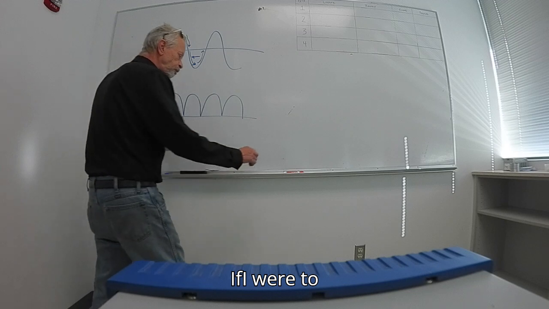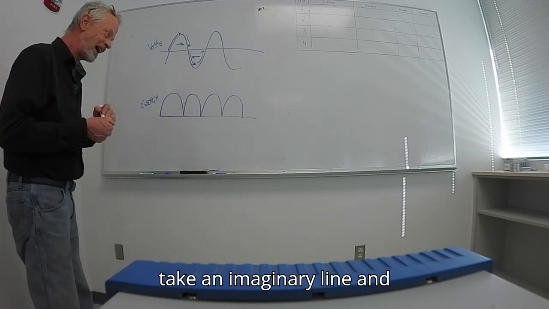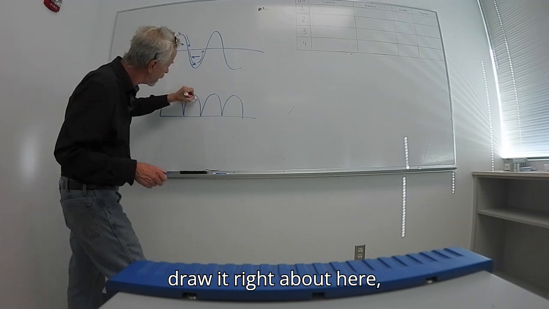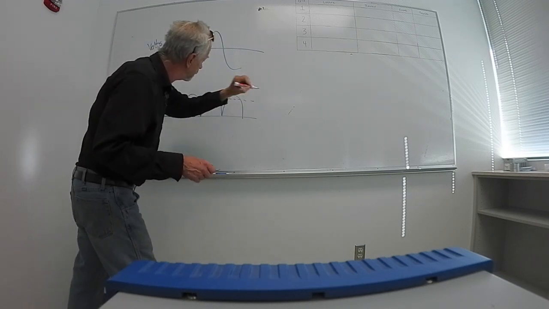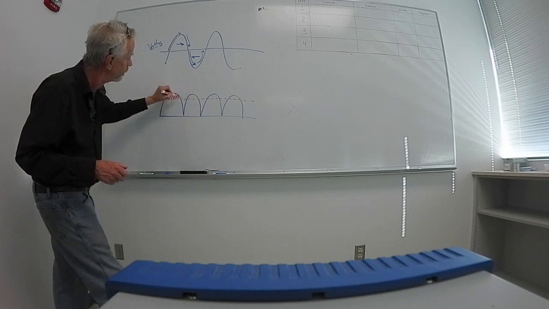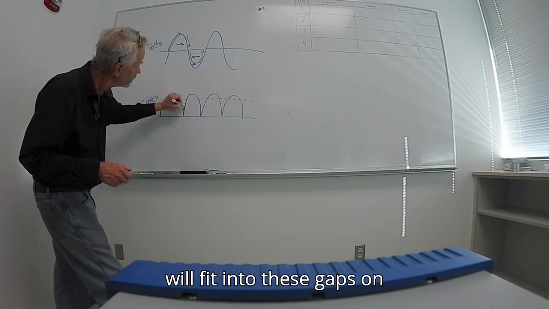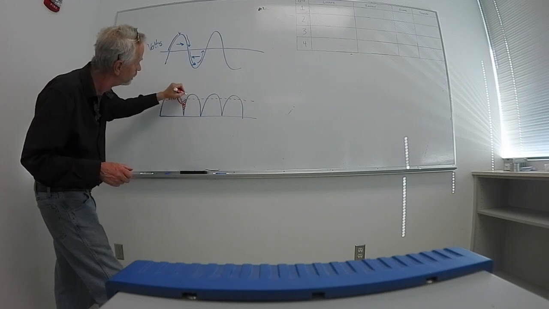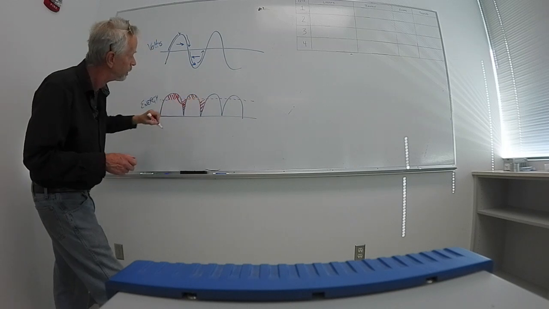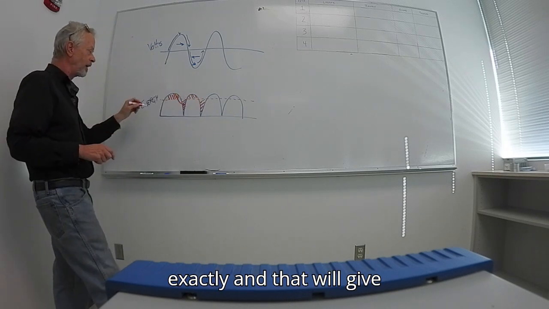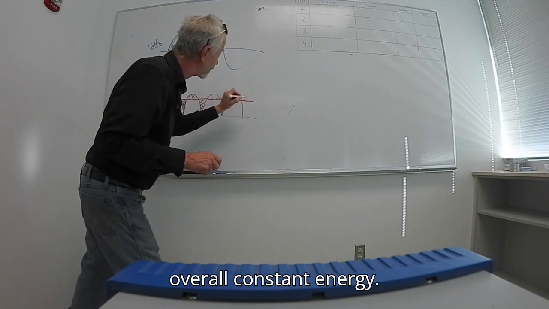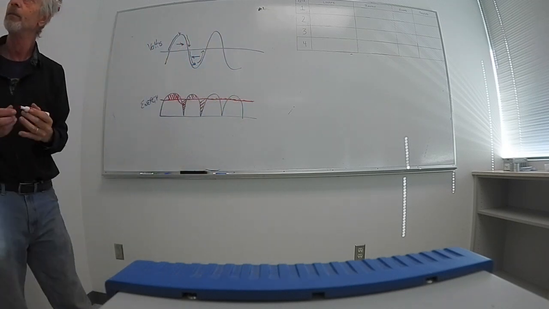If I were to take an imaginary line and draw it right about here, then these little pieces on the top will fit into these gaps on the bottom exactly, and that will give us an estimate of the overall constant energy.